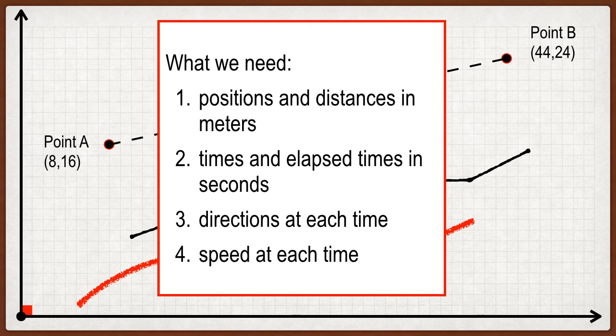We also need the speed at each time. And even on the straight line segment, if you think about it, a dragster that goes on a straight line is accelerating all the way from the starting line to the finish line, hopefully. And so you want to be able to say that.